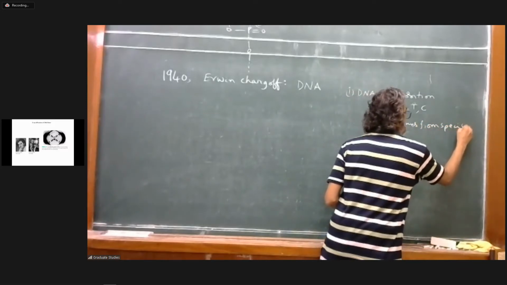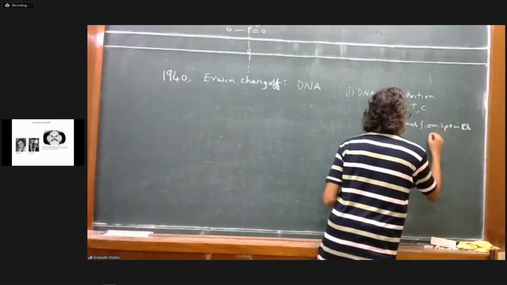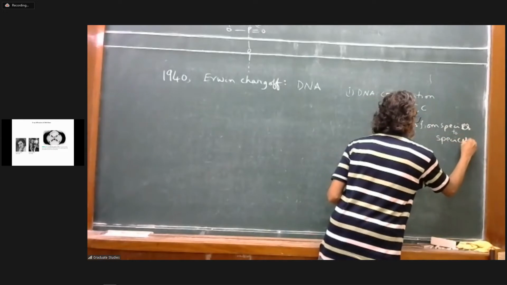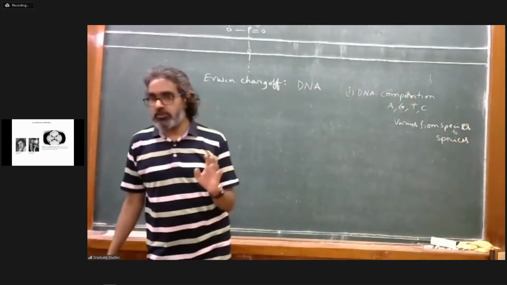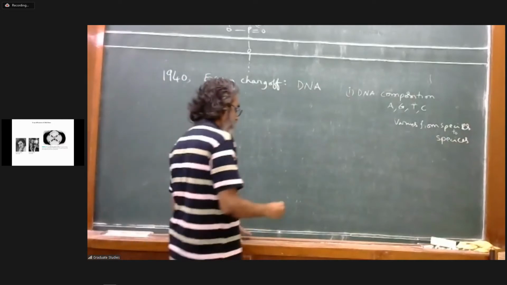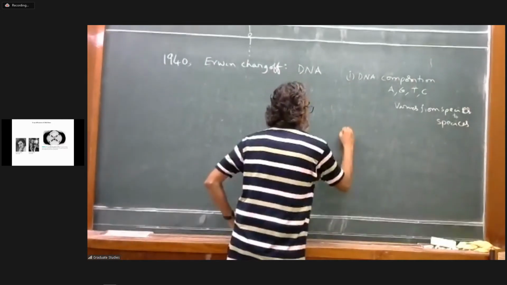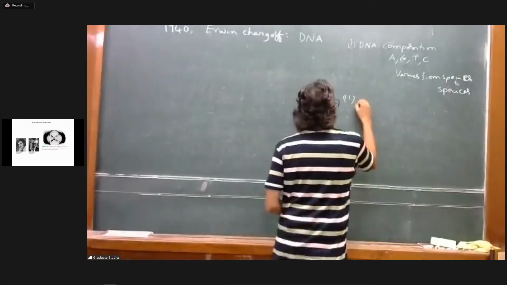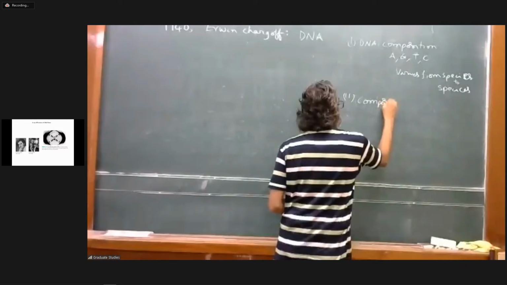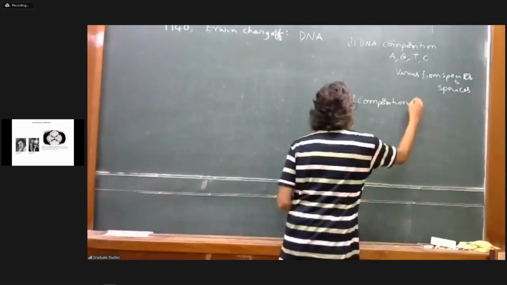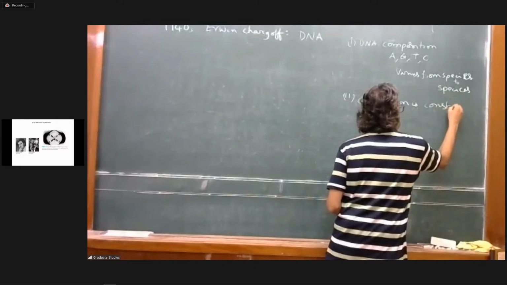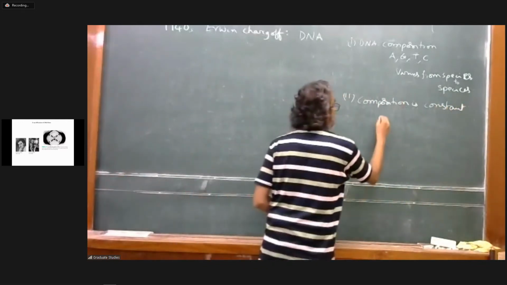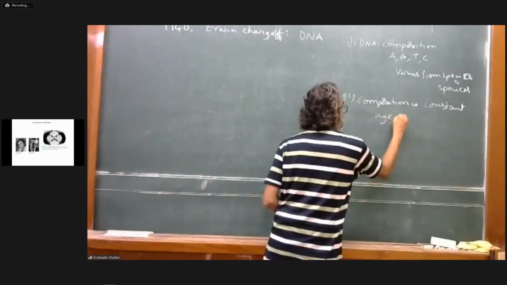If you take one species and another species, the composition is different. However, interestingly, if you make DNA from one organism, the composition is constant. Across ages, DNA composition is constant. It is age independent.